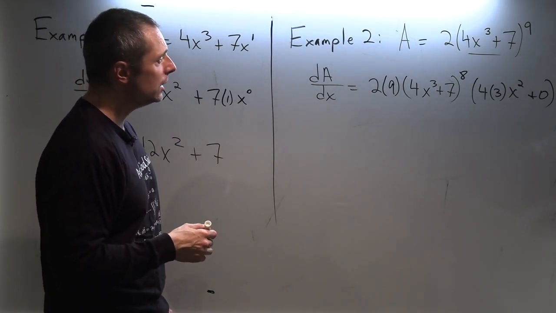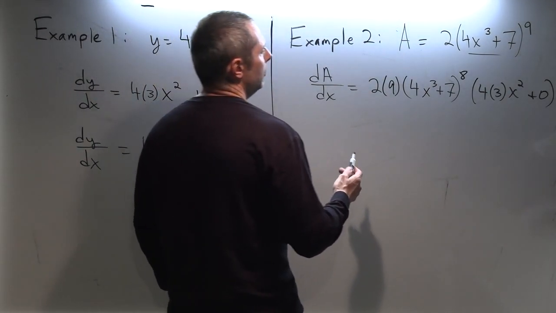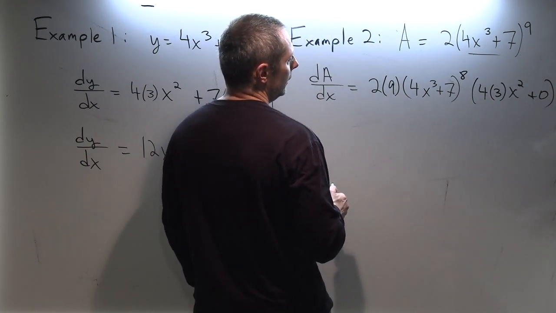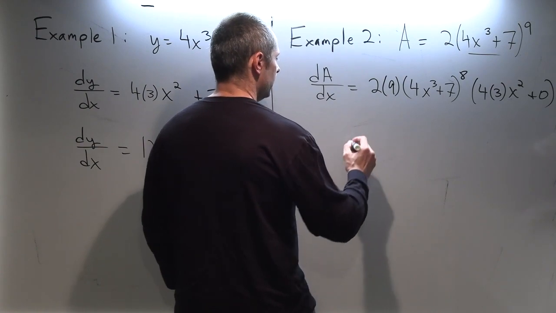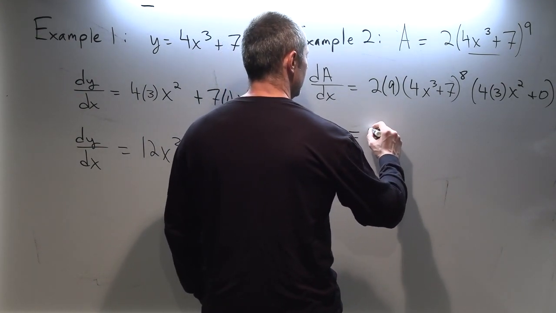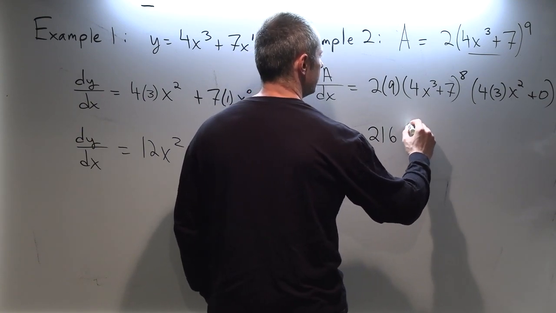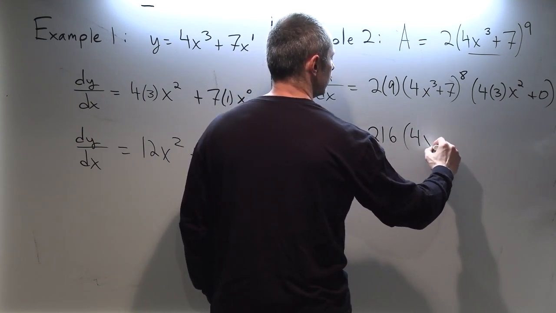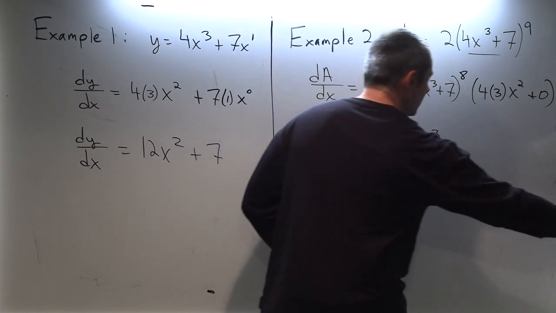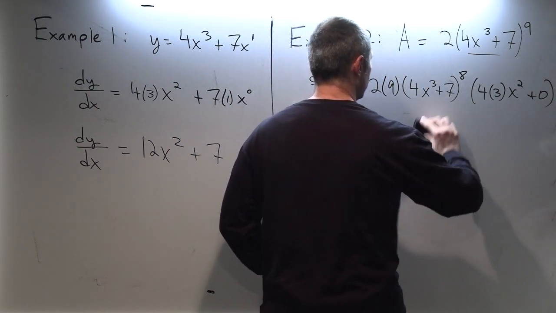There's no change. And I could just touch this up a little bit. So I've got 12 here times 18 gives me 216, I think. 216. Oh, maybe I'll put the x squared with the 216. Why not?